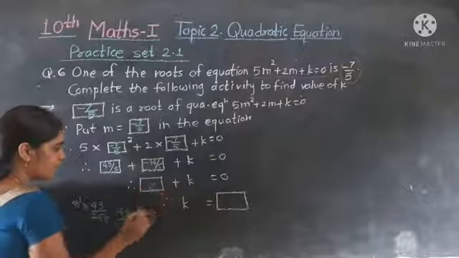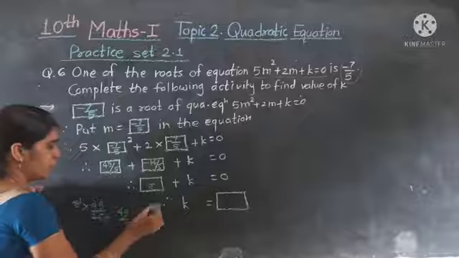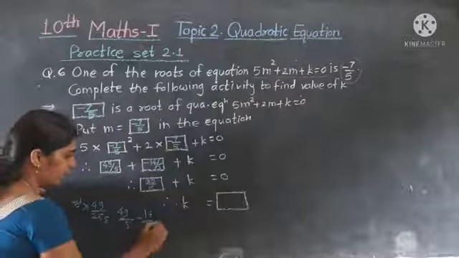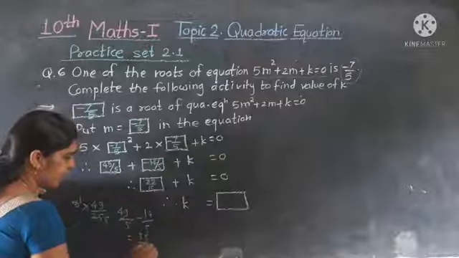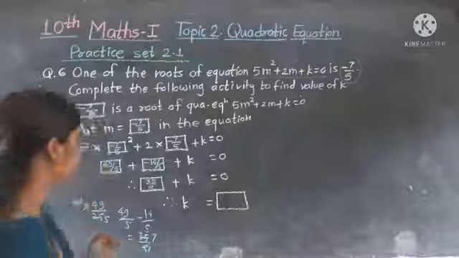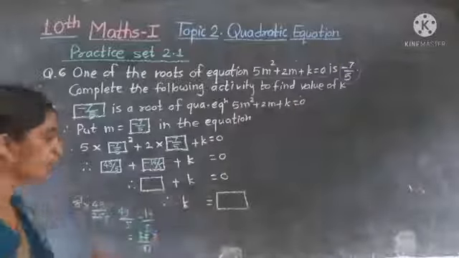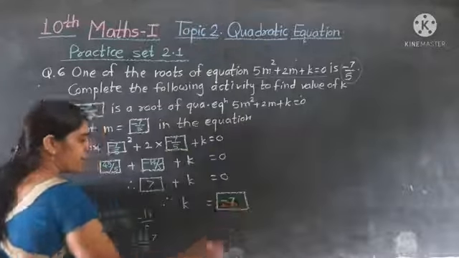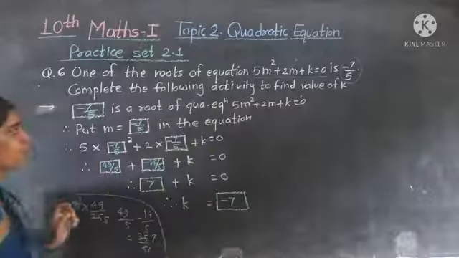Denominator 5 as it is, 49 minus 14, that is 35. Here I write 35 upon 5. 5 1s are 5, 5 7s are 35. So we get k is equal to minus 7. This is the rough calculation.